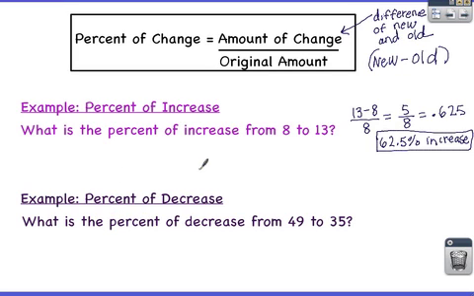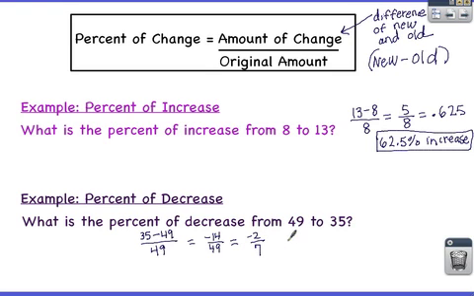In our next example, we're looking for the percent of decrease from 49 to 35. So we do our new minus our old, which is 35 minus 49, and divide by the old, 49. Well, 35 minus 49 is negative 14 over 49, which I can reduce both by 7 to get negative 2/7.